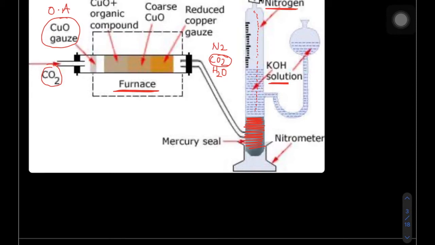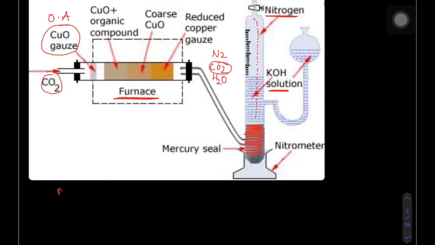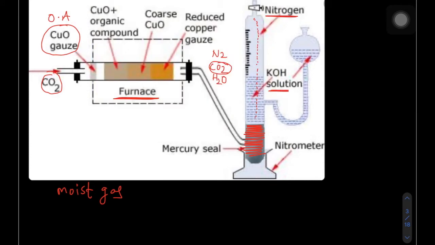Now here the nitrogen gas is contaminated with some water vapor also, so that's why this gas is known as a moist gas. Now we know how to calculate the pressure of a dry gas.